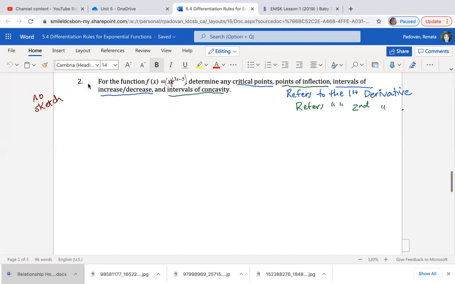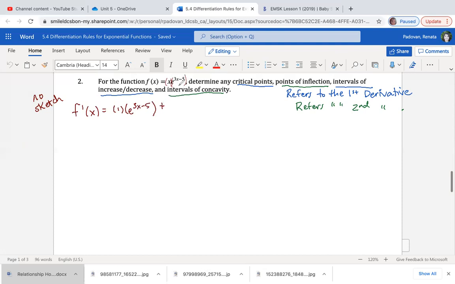So let's start our f prime of x, getting our derivative. The product rule is, again, the derivative of the first times the second plus derivative of the second times the first. So the derivative of the first, x, there's an exponent of 1, is just 1. Derivative of the first times the second part is e to the exponent of 3x minus 5 plus, for product rule, derivative of the second.